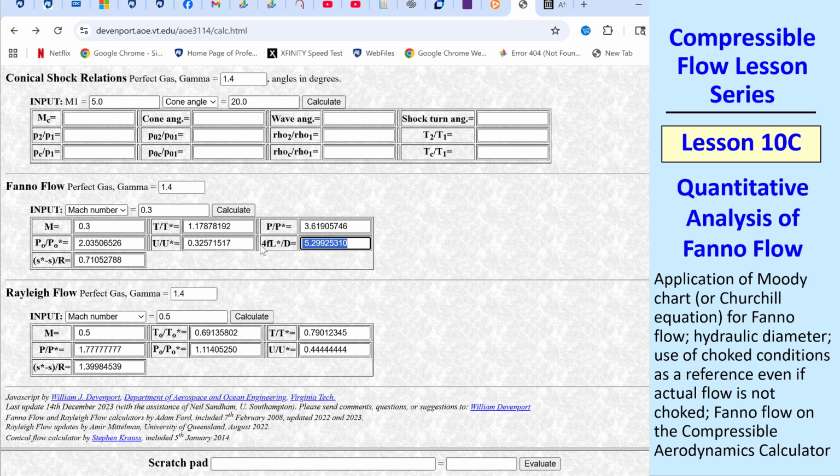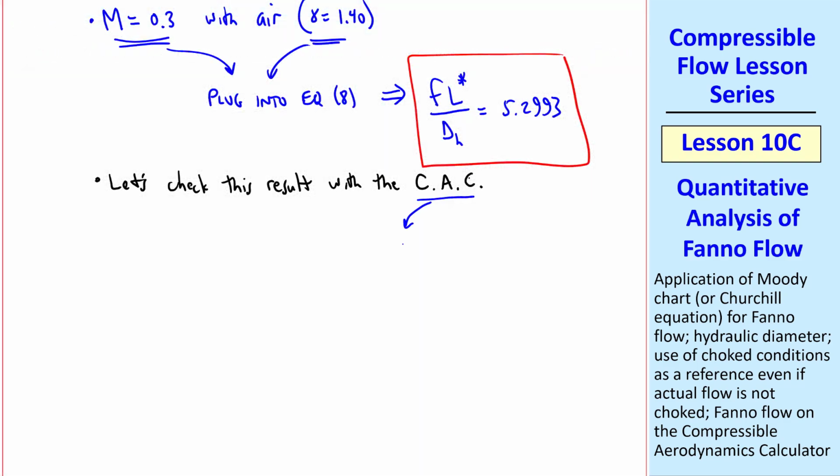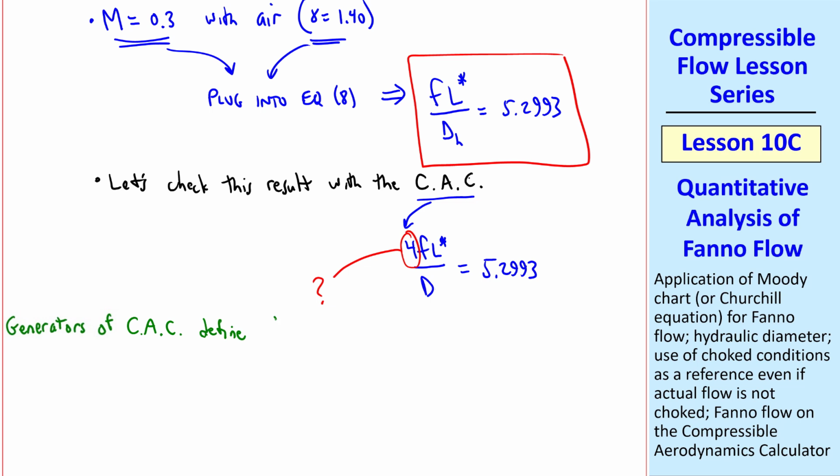But notice something peculiar here. There's a factor of 4 that we don't have in our equations. So the CAC tells us that 4 f L star over D is 5.2993. So what's the deal with this factor 4? Well, it turns out that the good folks who generated the CAC defined the Darcy friction factor differently than we do, with this factor of 4. But that 4 kind of goes along for the ride, and this means the same thing as our term here, and you could verify that by getting the same answer.